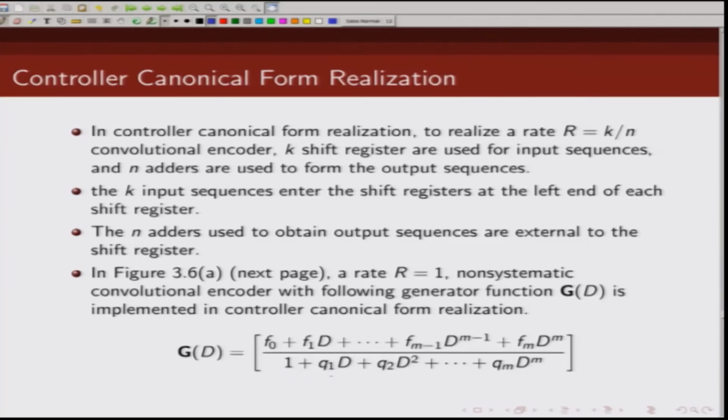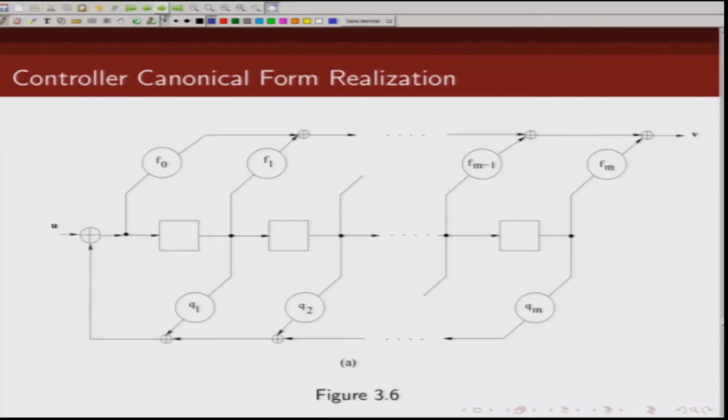We have 1 plus q1d plus q2d squared, like that. So, this is the input u1, this is the d term. This is multiplied by q1, this is the d squared term multiplied by q2, like that, and then finally you have the dm term which is getting multiplied by qm.